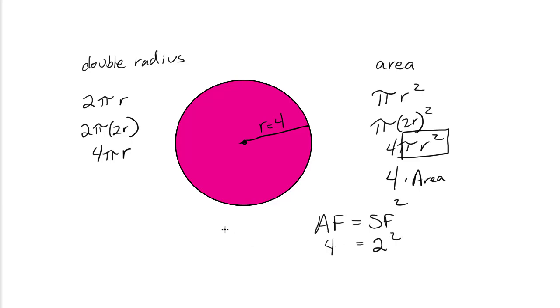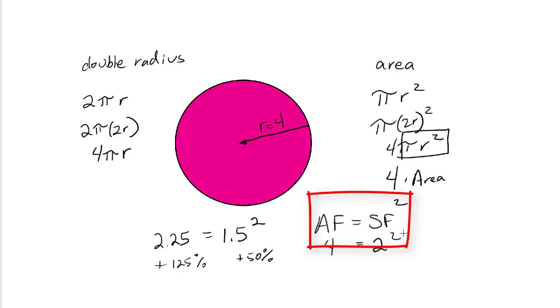If I increase my scalar lengths by 50%, or a factor of 1.5, 100% plus 50%, I would square that to get the new area, which would be 2.25, or an increase of 125% in area for a plus 50% increase in the lengths. And again, it doesn't matter if this is a circle, a triangle, a square, or any two-dimensional shape. The relationship between the area factor and the scale factor squared can be very helpful to know for the exam.